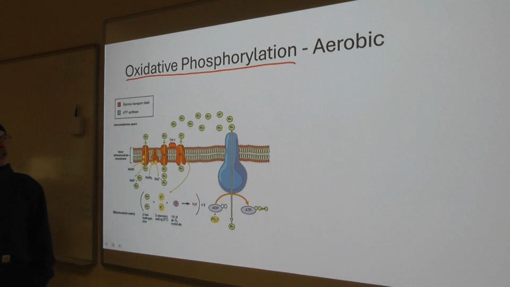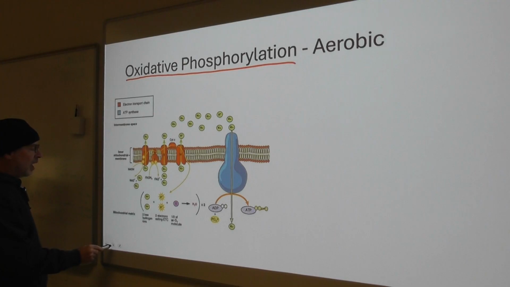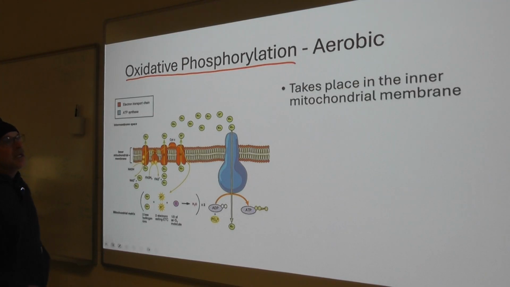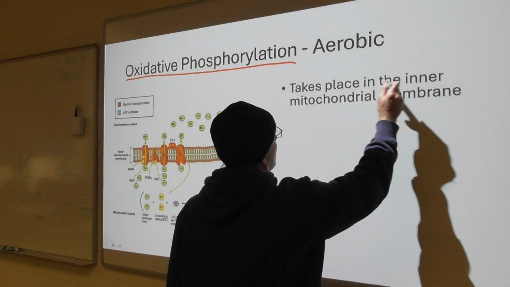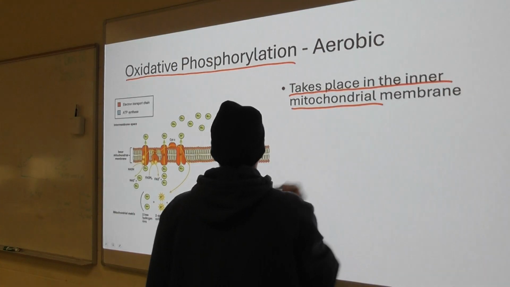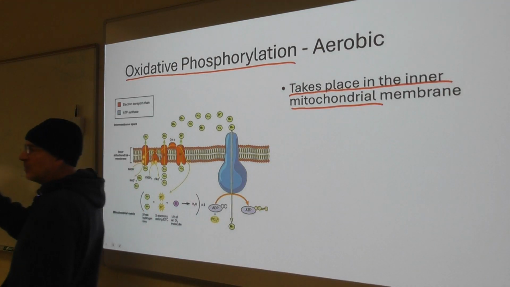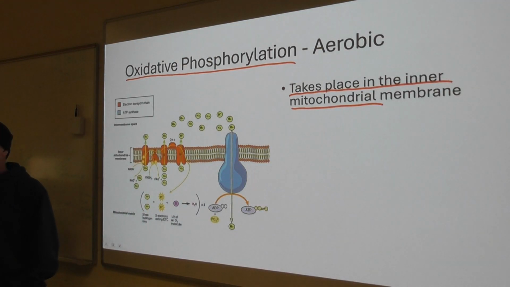This is where the oxygen comes in, and this is where the bulk of ATP is made during aerobic respiration. So oxidative phosphorylation takes place in the membrane, the inner membrane of the mitochondria. So all that stuff was happening in the matrix. The link reactions and the Krebs cycle were happening in the matrix.